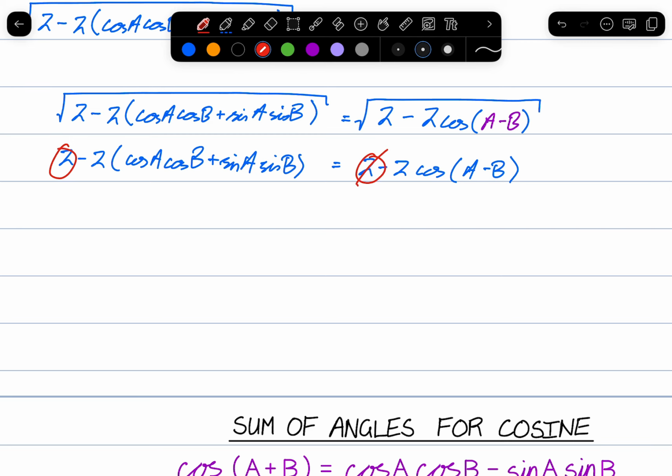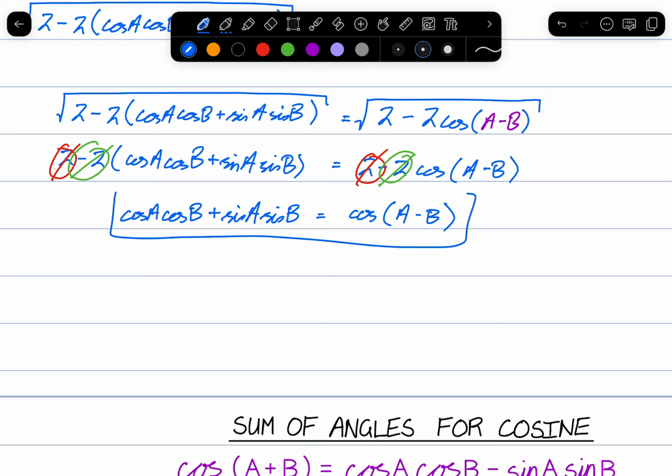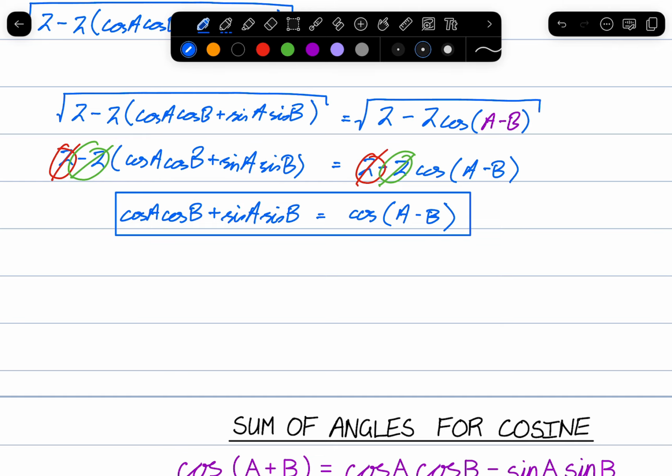The 2s cancel out. This negative 2 as a factor, we can divide both of these out. And what we are left with, writing this a lot neater now, is cos A cos B plus sine A sine B equals cos of A minus B. And that there is the proof that we were looking for.